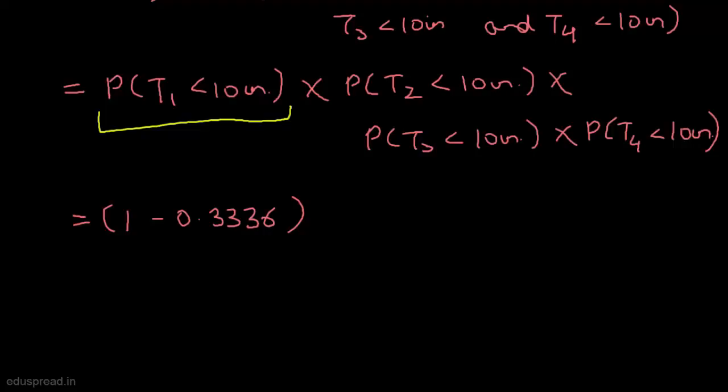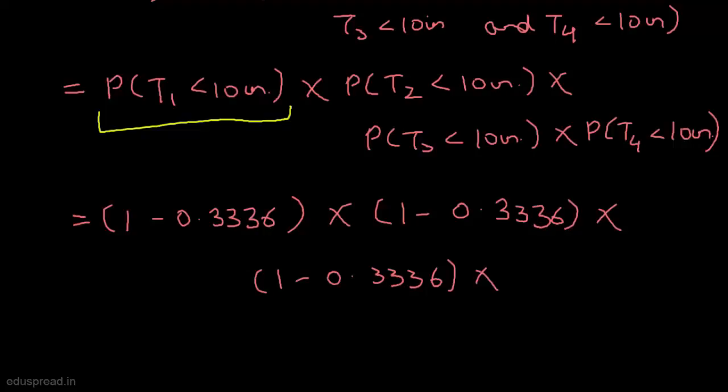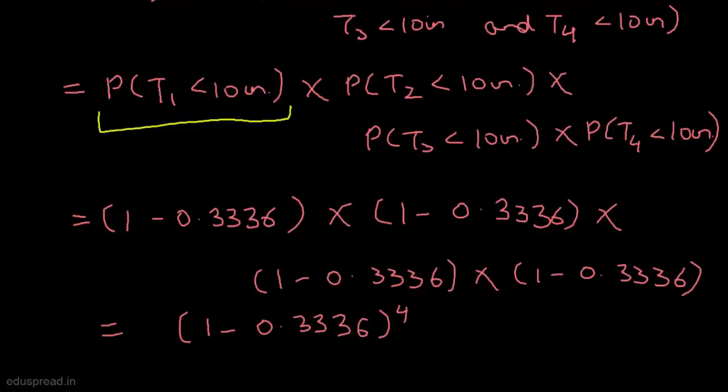Similarly for the second tree, the probability is 1 minus 0.3336, and similarly for tree number 3 and tree number 4. So the probability that y is equal to 0 is (1 minus 0.3336) raised to the power 4.